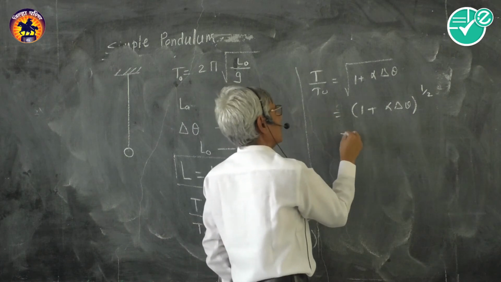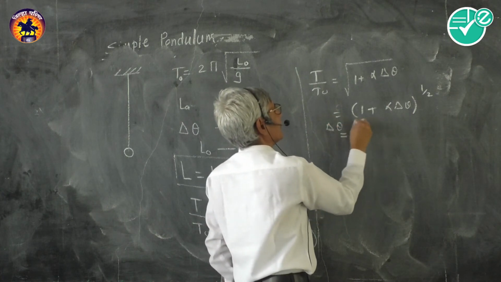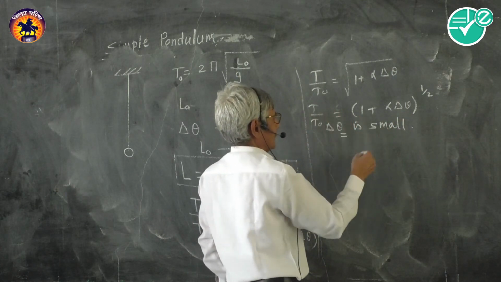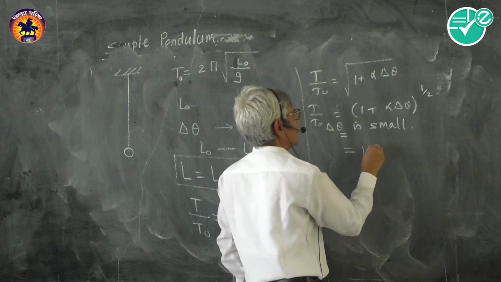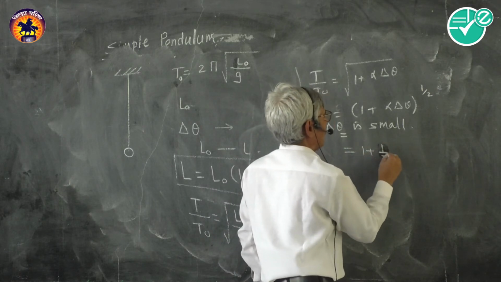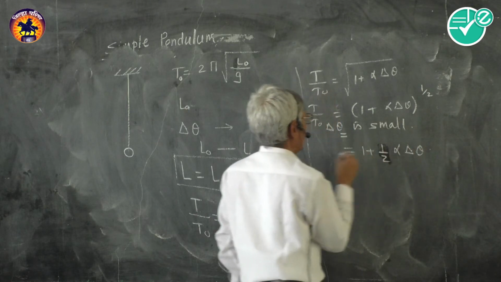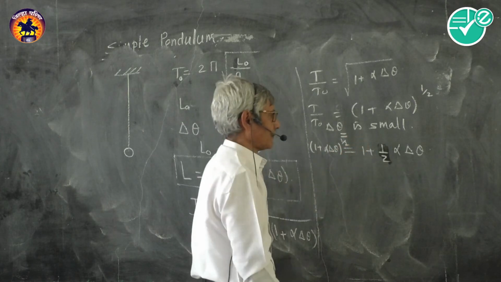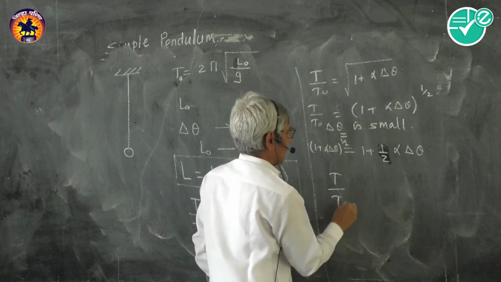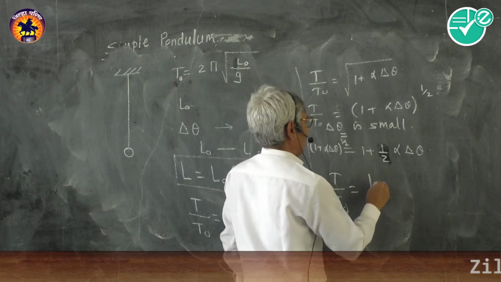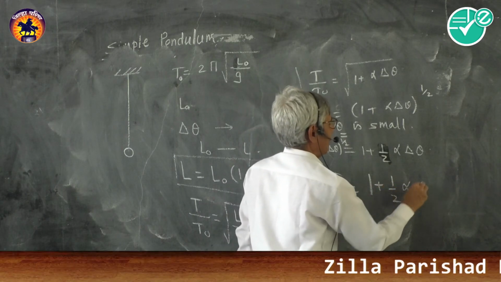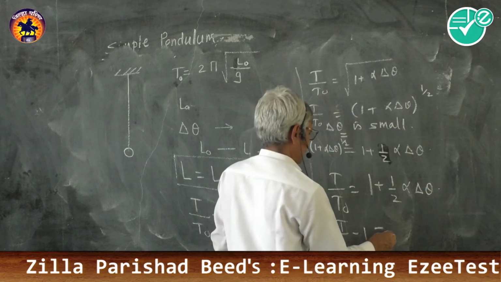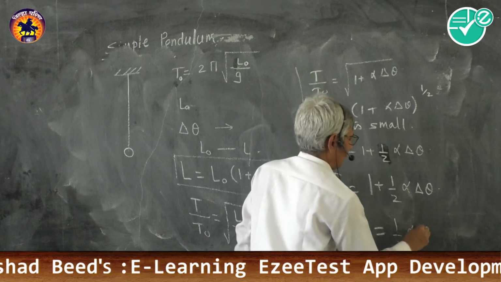If delta theta is small, then we can write 1 plus 1 by 2 alpha into delta theta. So T divided by T0 becomes 1 plus 1 by 2 alpha into delta theta, or T by T0 minus 1 is equal to 1 by 2 alpha into delta theta.